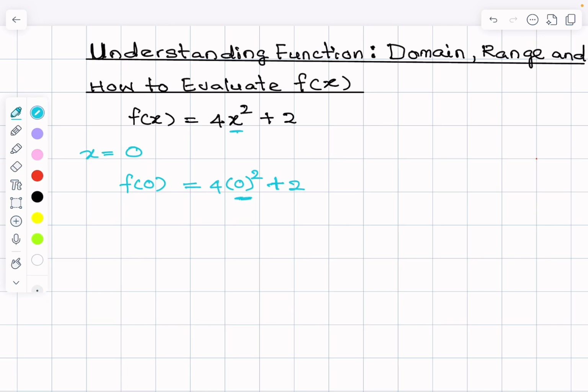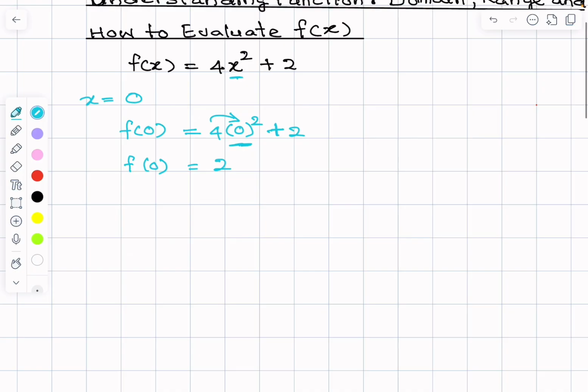So when x is 0, we square the 0, which gives us 0. Then 4 times 0 is 0 and 0 plus 2 equals 2. So f of 0 equals 2. So when x equals 0, y equals 2. So the point is (0, 2).